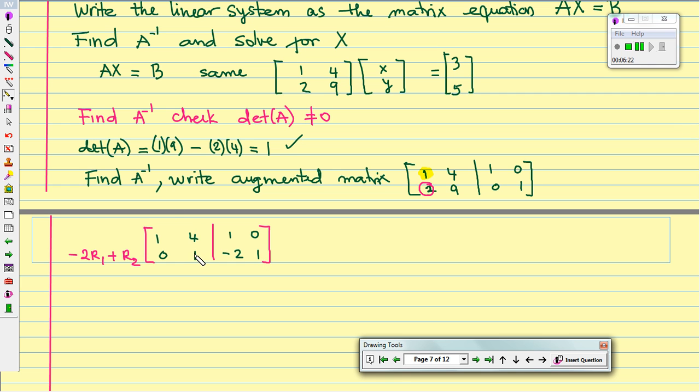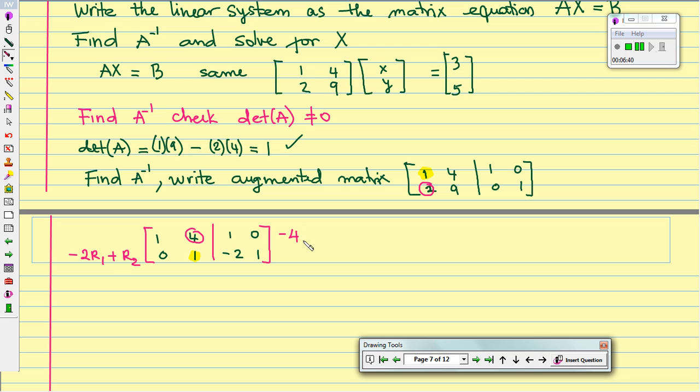Next, we do have 1 in row 2, column 2, but the number above it has to be 0.